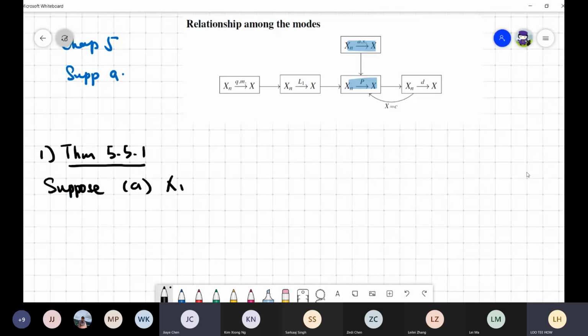Suppose x1, x2, x3 and so on are IID, independent and having the same distributions. And secondly, we assume E of xi is equal to 0.